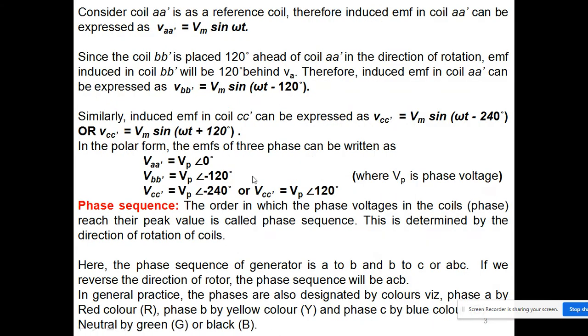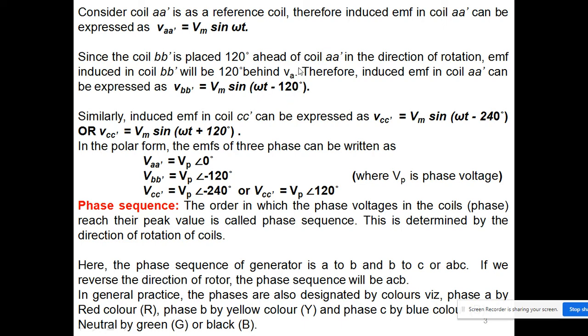See in this slide, if I take this as my reference, then I will write Vm sin omega t. Our second coil is 120 degrees apart, ahead of the first coil in the direction of rotation, so the EMF induced in it will be behind VA.